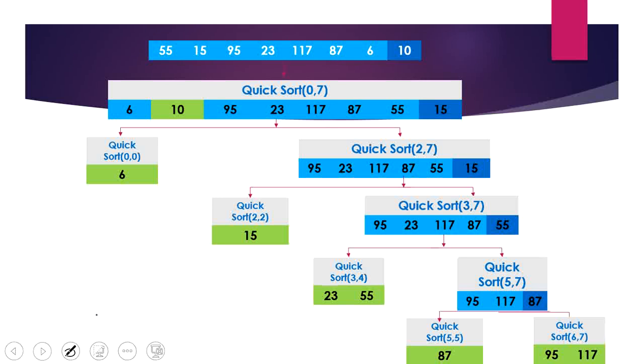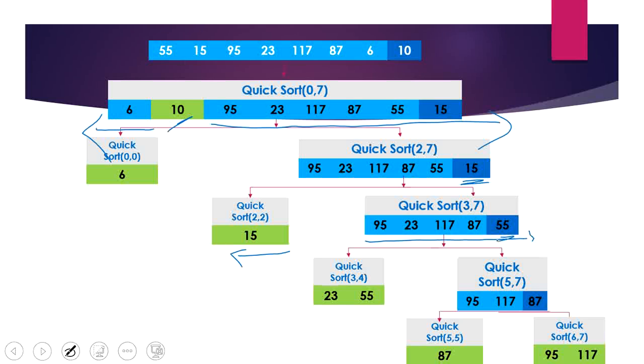Based on the pivot element, the array will be split into two. First our pivot was 10, so it splits the elements before 10 as one array and after 10 as another array, sorts them separately and then combines the result. Then this array will be separated based on 15: elements less than 15 and greater than 15 are separated.